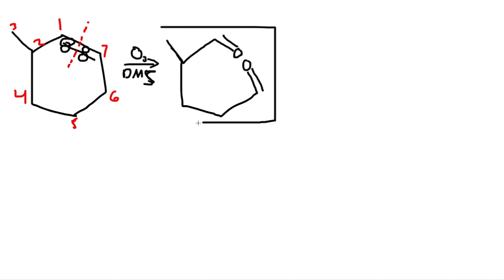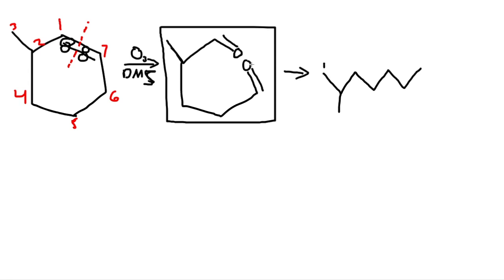You can actually leave it like this, but professors would like to have it as a carbon chain. If they don't accept this, you can always draw it in a carbon chain, something like this.